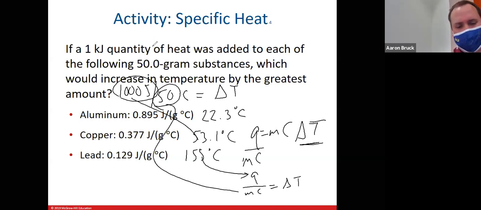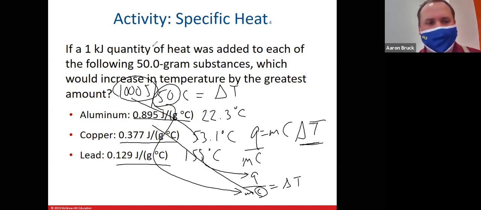My M is my 50 grams. And then my C value is whatever the specific heat was. So for the aluminum, I took 1,000 divided by 50, divided by 0.895, and that gave me the 22.3 degrees Celsius. Any other questions here?